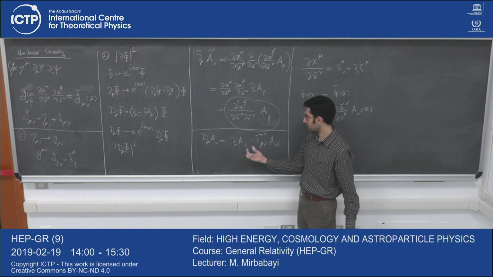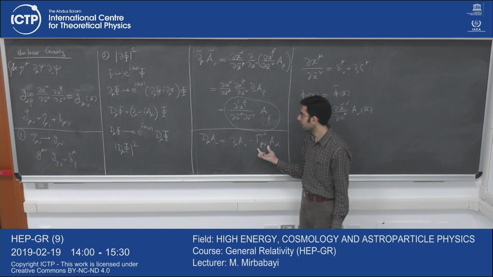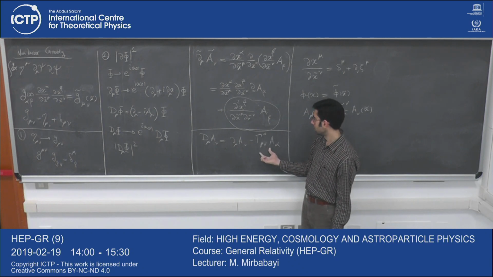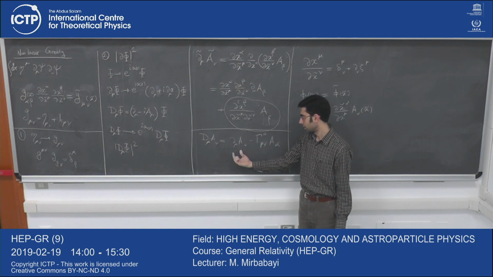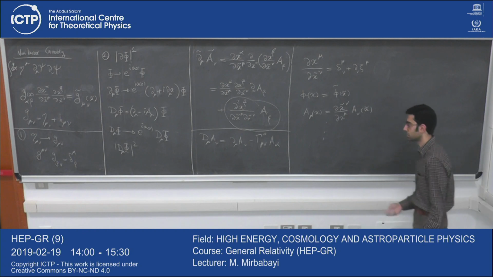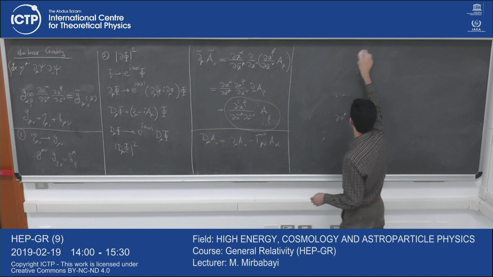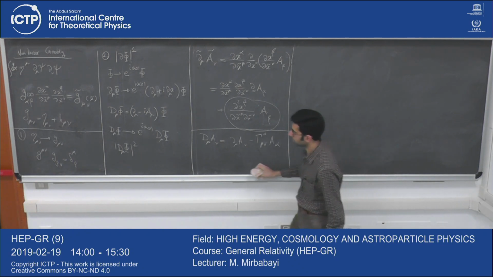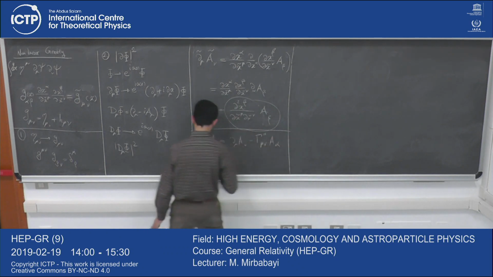These Christoffel symbols do not transform like a tensor, but the deviations from transforming like a tensor exactly cancel the deviations of this object from being a tensor. And they are just constructed from h mu nu, which is now put inside this matrix G mu nu.